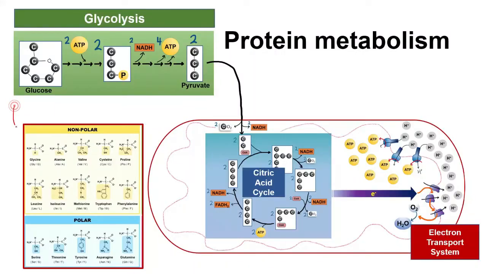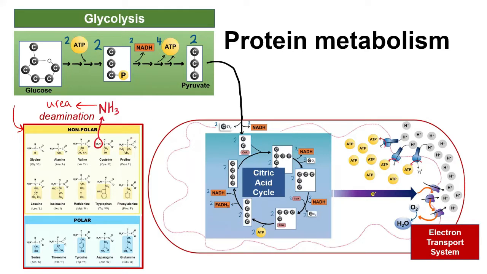So proteins are broken down into amino acids. We see most of them here, but there are 20 of them, and they're a little complicated. So first we have to deaminate them. Every one of them has an amino group, and so that forms ammonia, which we need to get rid of. We combine it with carbon dioxide to produce something called urea, which our kidneys filter out. Otherwise, that could be fairly toxic to us.